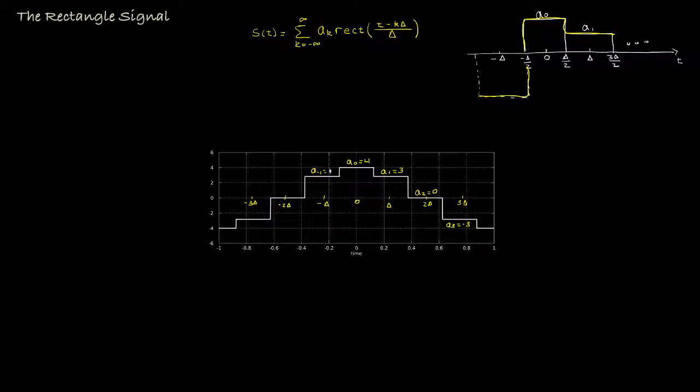At -1, we've got a value of 3. a-2 is equal to 0, and a-3 looks like it's equal to -3. And if we look at this width here, that's delta.